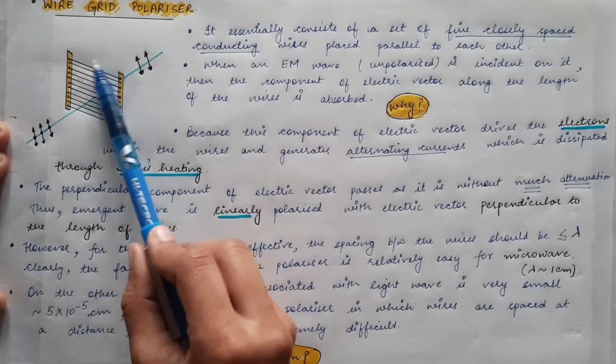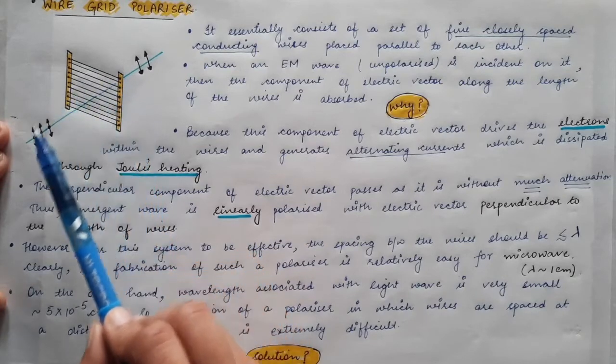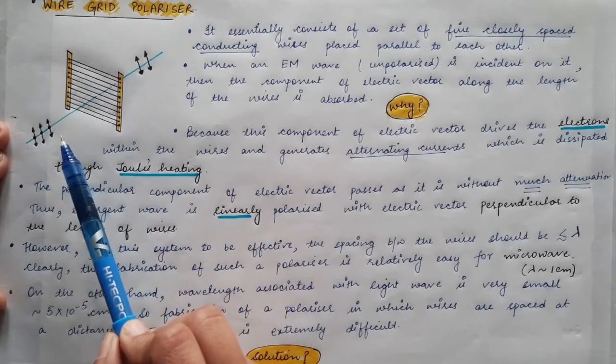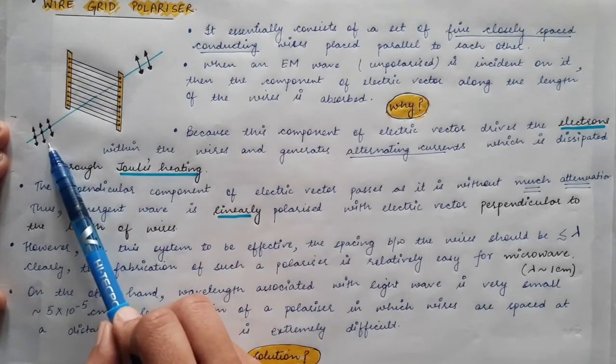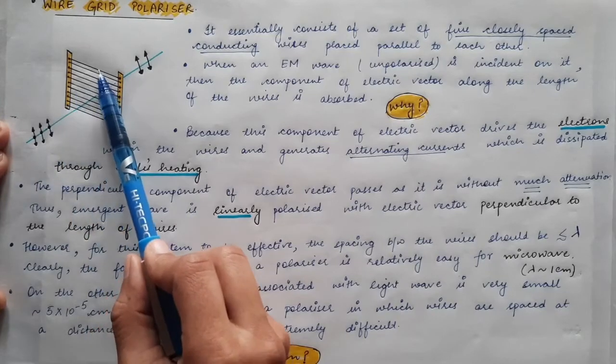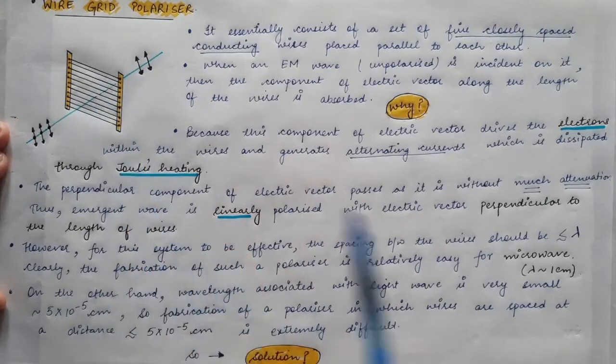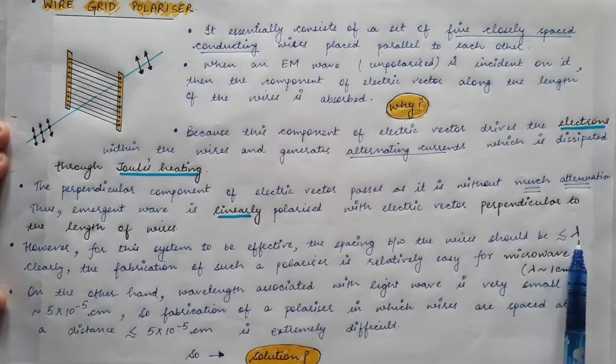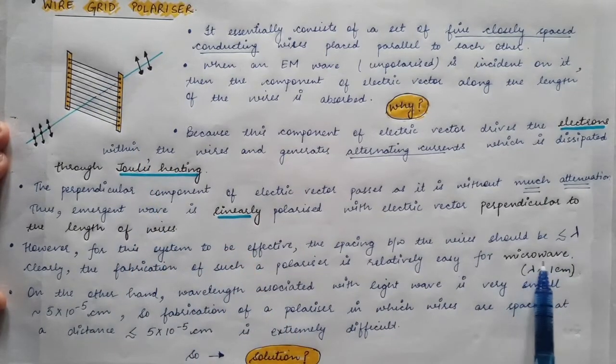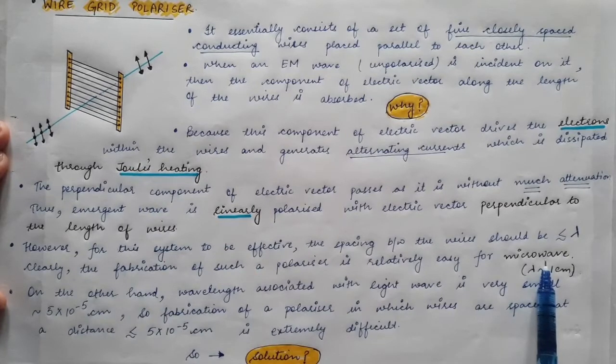So the construction of the wire grid polarizer to polarize microwave is very easy, because for the polarizer to be effective, the spacing between the wires should be less than or of the order of the wavelength of the light. So if microwave falls on the wire grid polarizer, the spacing should be of the order of 1 centimeter, and that is relatively easy.